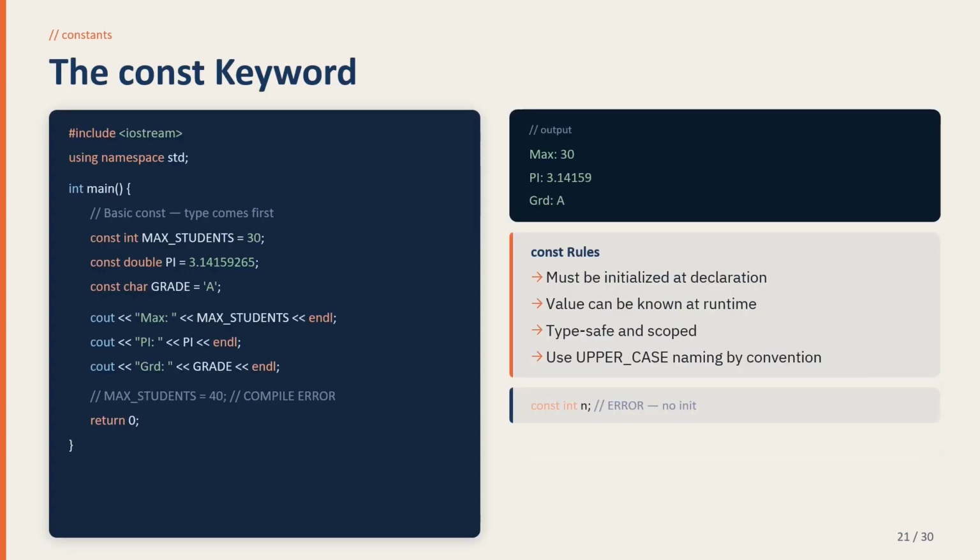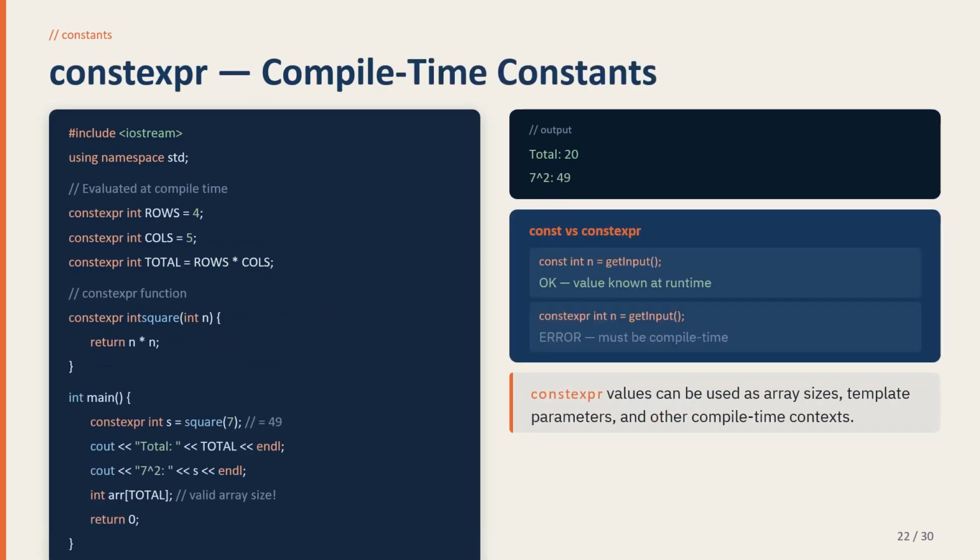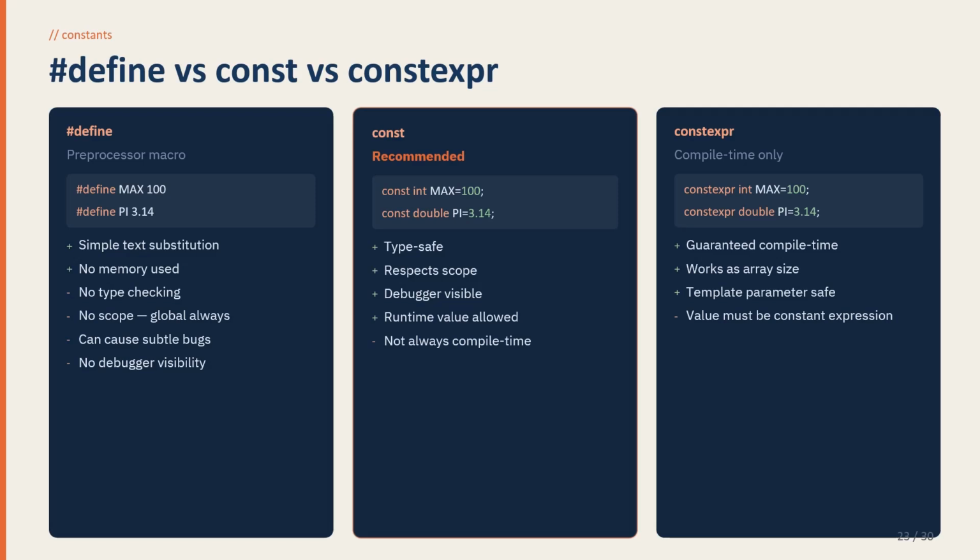Here is the demonstration of declaring a constant with the const keyword. And next, assigning compile time constants here. And here is the combined display of defining constants in 3 different ways.